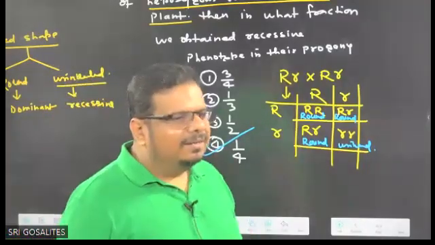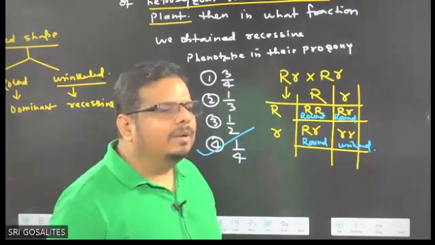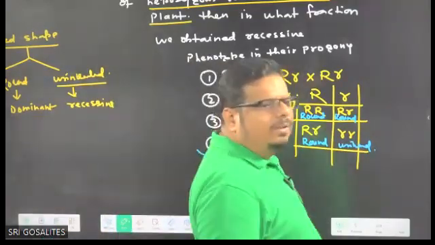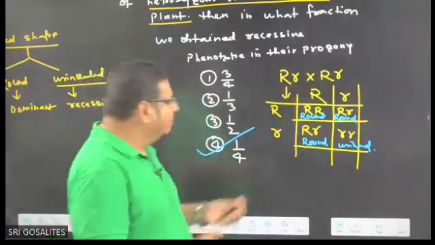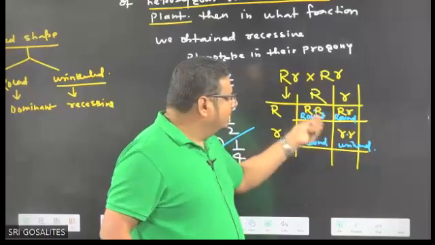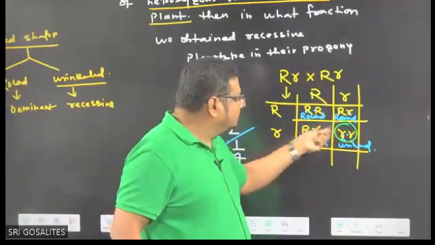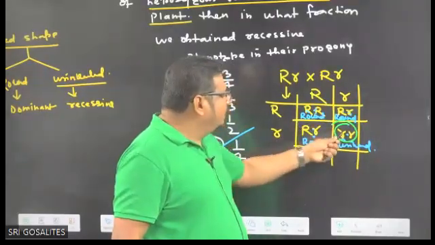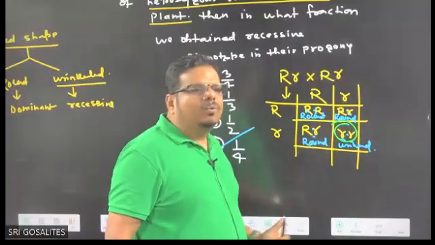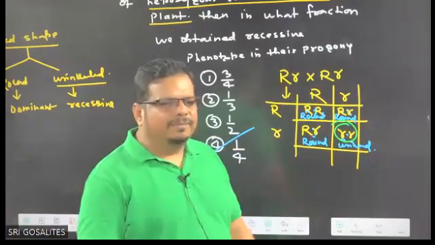Out of the total, in what fraction did we obtain the recessive phenotype in their progeny? So these 4 results are there. Out of that, this one is only wrinkled and these 3 are round. So we will write 1 out of 4.